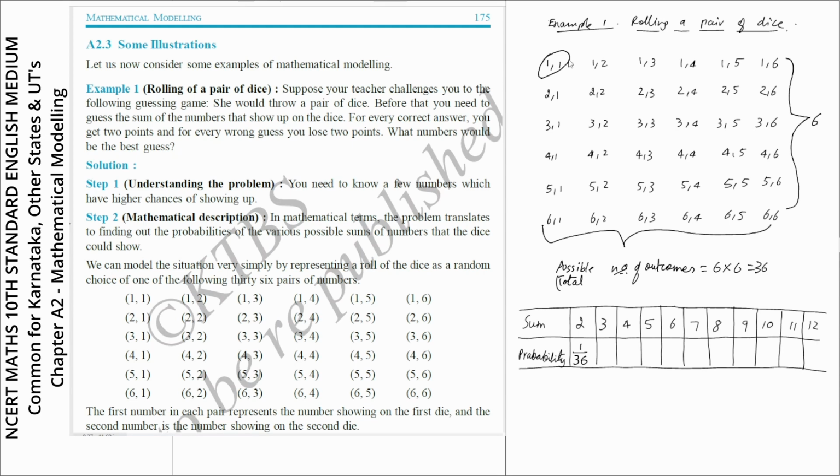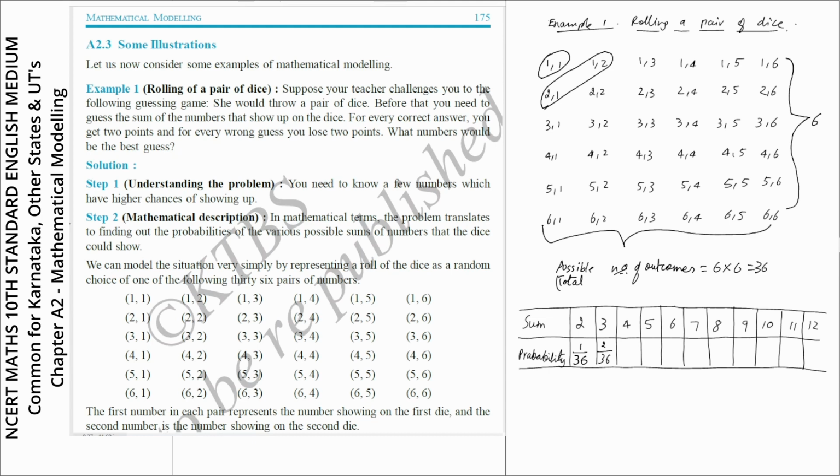Similarly, when the outcome is 1 comma 2 or 2 comma 1, the sum will be equal to 3. So the total number of outcomes here is 2. Therefore the probability of getting sum 3 is 2 by 36.